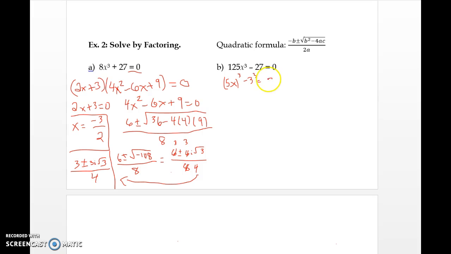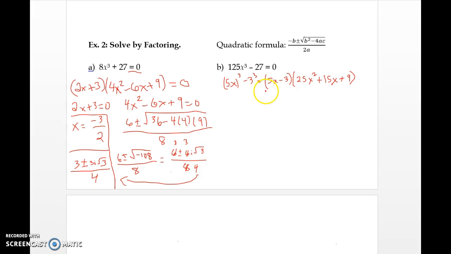And that's going to equal 5x minus 3 times 25x squared plus 15x plus 9, once you factor by using the formulas from earlier.